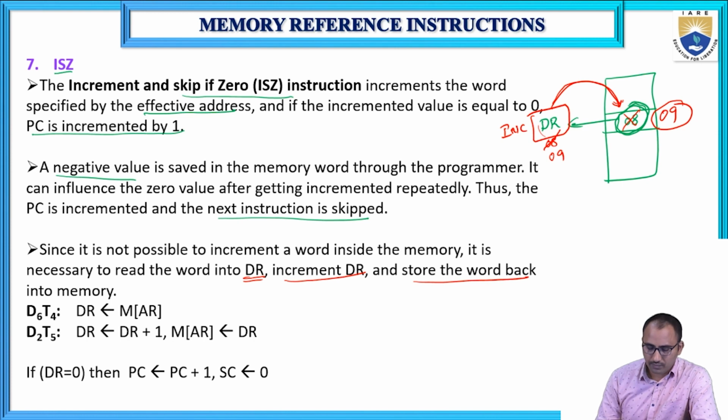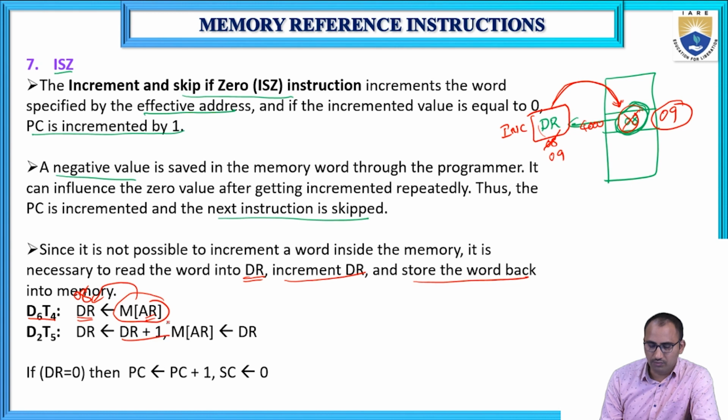Okay, so during T4, first M of AR will be copied to the DR data register. Let us assume the 4000 location. In the 4000 location, 08 is there. So 08 is loaded into the data register. After that we increment the DR value.